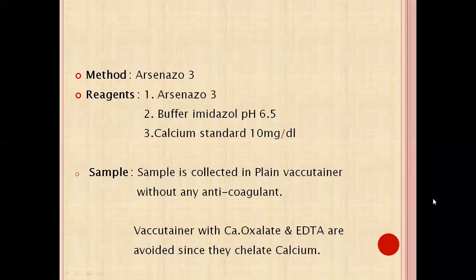If calcium oxalate or EDTA is present in the vacutainer, they will chelate the calcium, so finally the result will be falsely low. So do not use the calcium oxalate and EDTA vacutainer. Always use the plain vacutainer for the serum estimation.